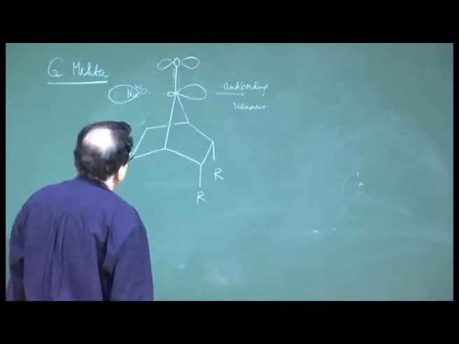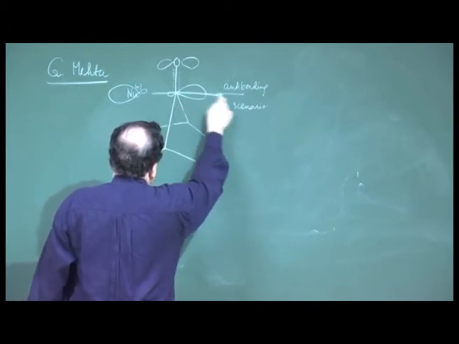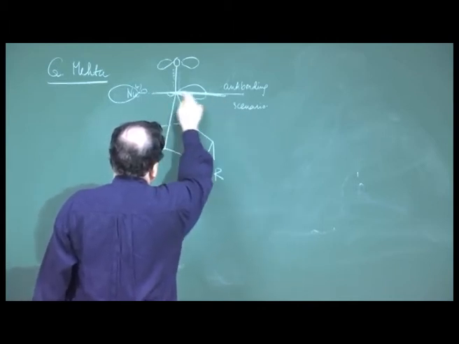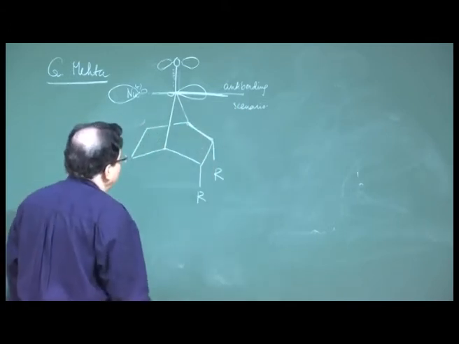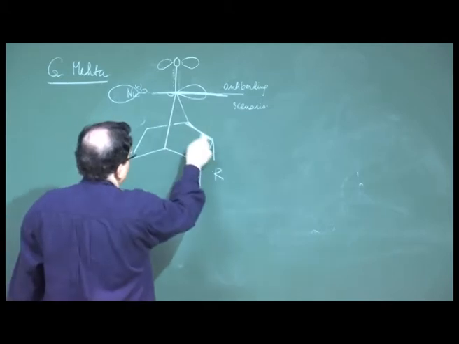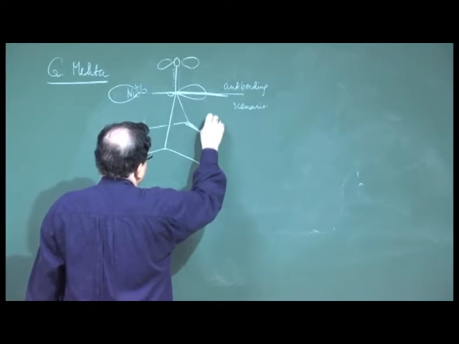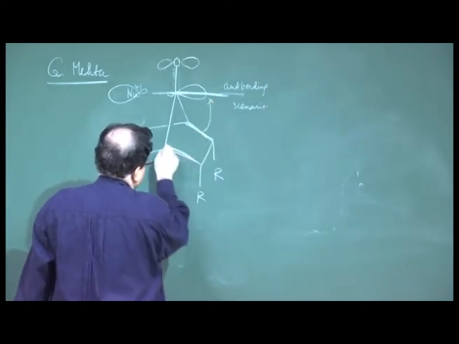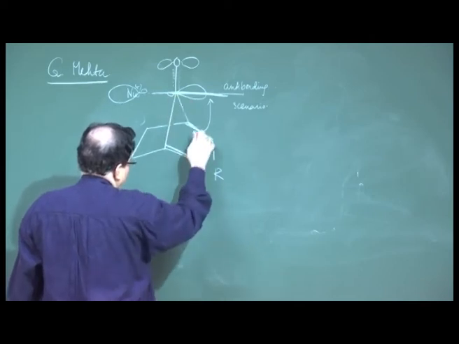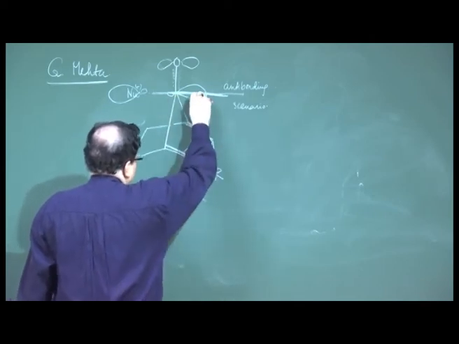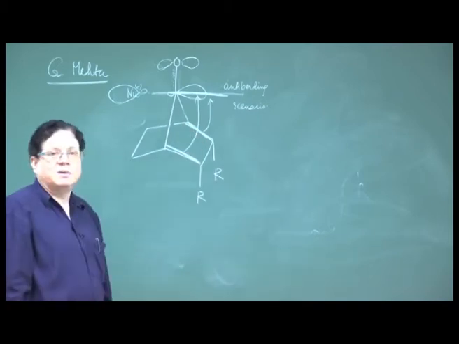Okay. Now, if you look at this geometry, the axis of this orbital is not exactly parallel, but it is also not orthogonal. Their angle is not that much. So, there is a possibility that these bonds, this is actually in the middle between the two bonds, so that those two carbon-carbon bonds can now donate to this orbital.